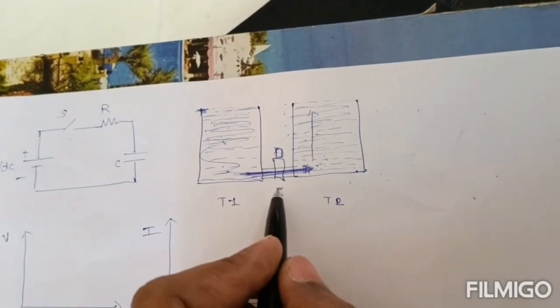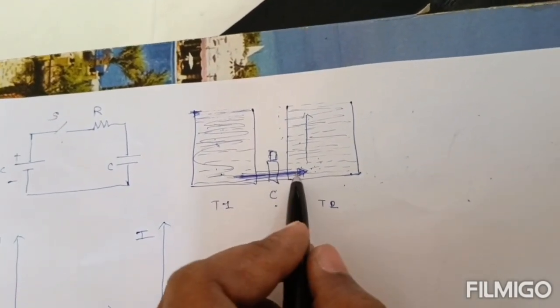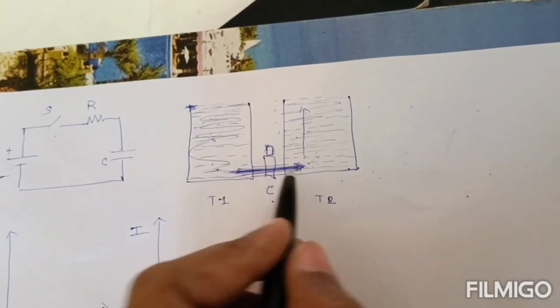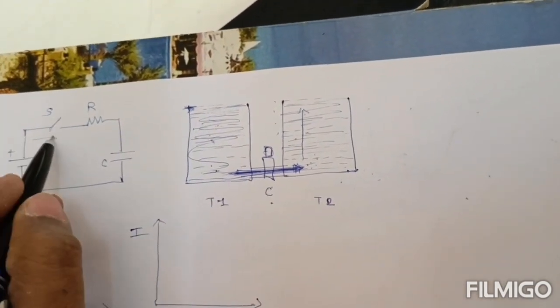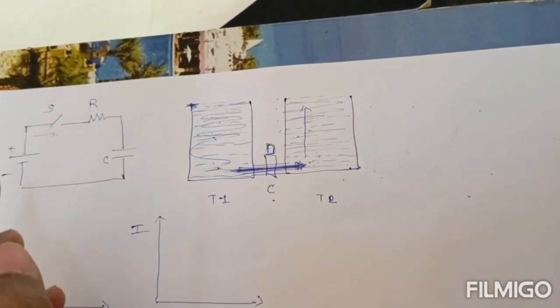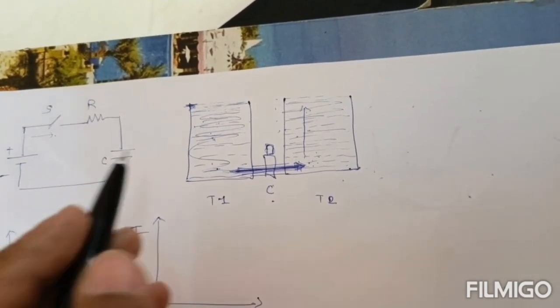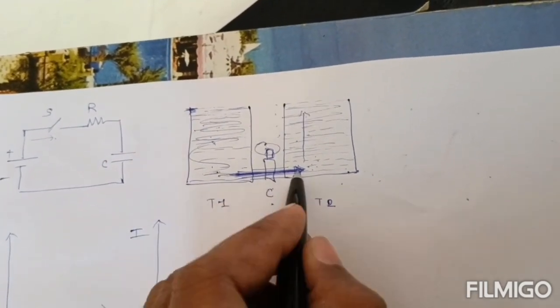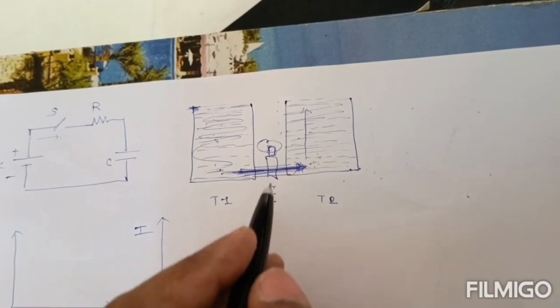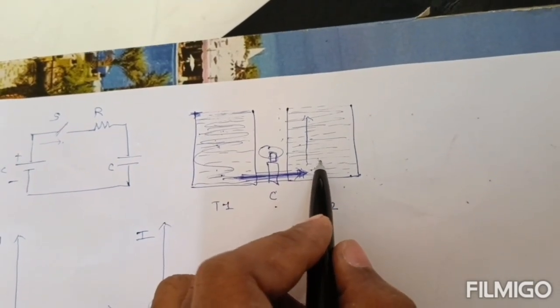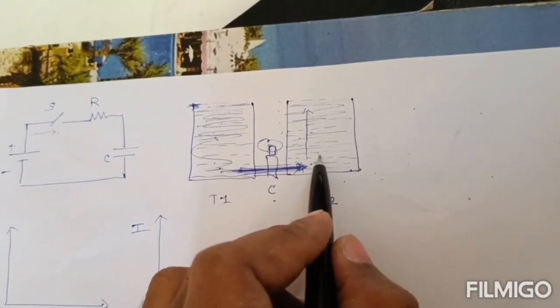As the valve is closed, there is no flow through this pipe, and as the switch is open, there is no flow of current through this circuit. So initially there is no flow of current. Now whenever I open this valve, a large amount of water will flow, and this tank is totally empty.